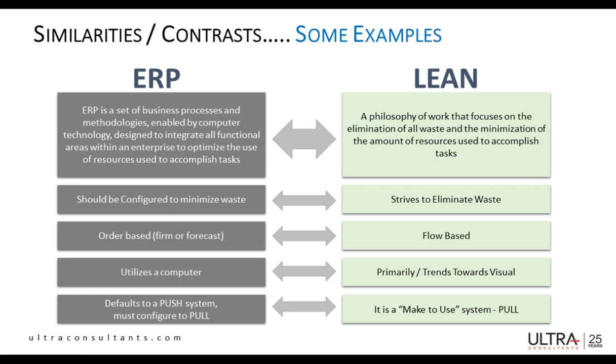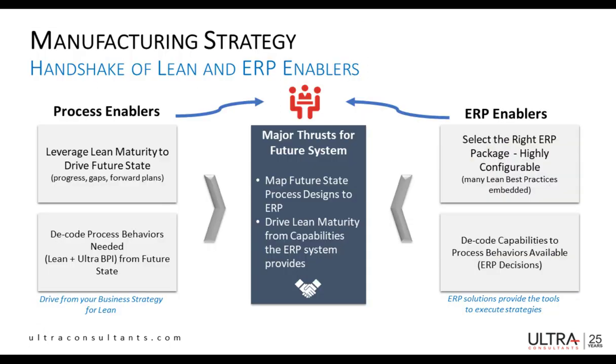And finally, ERP tends to default to push, and we'll talk a little bit more about that in a minute, because when ERP systems are set up, they make assumptions around how much time certain things take, and they push material or they push activity. They have to be configured so that they're triggered by pull signals, and that's the call out here, whereas in lean, the whole philosophy is a make-to-use philosophy.